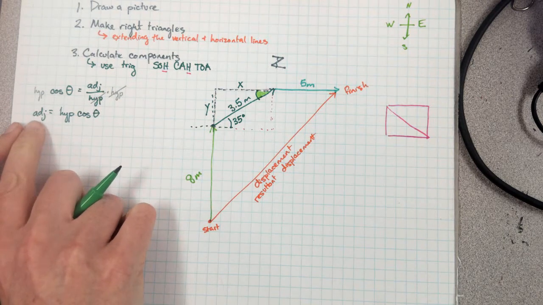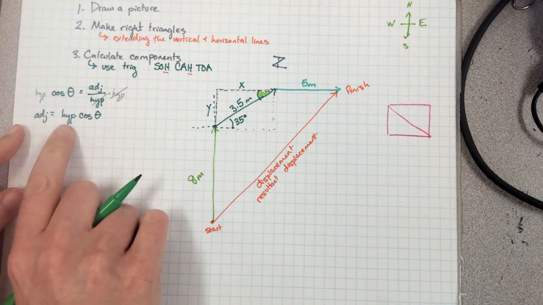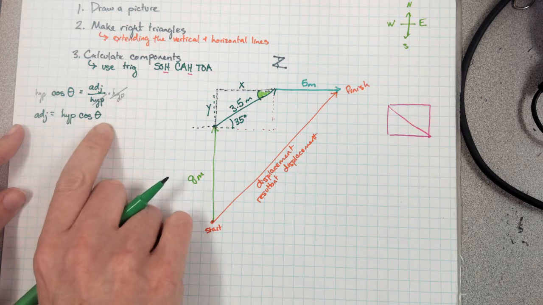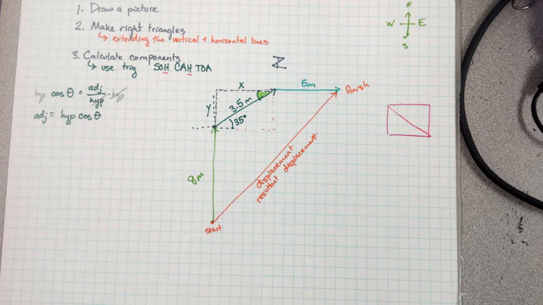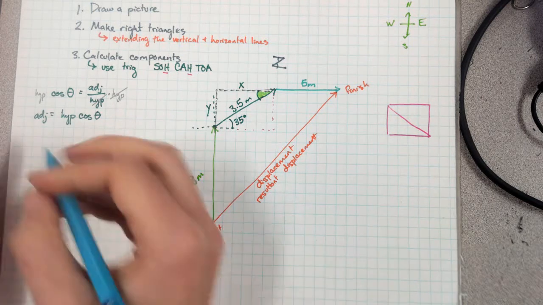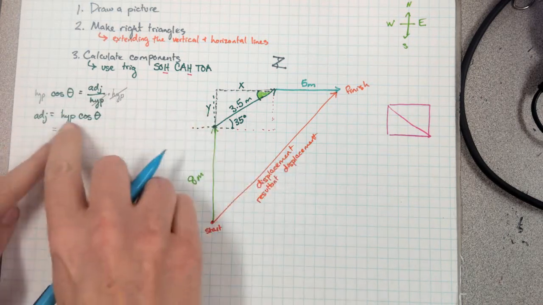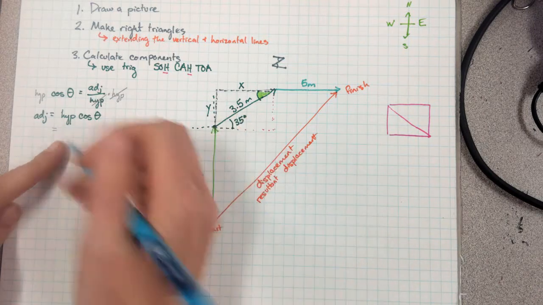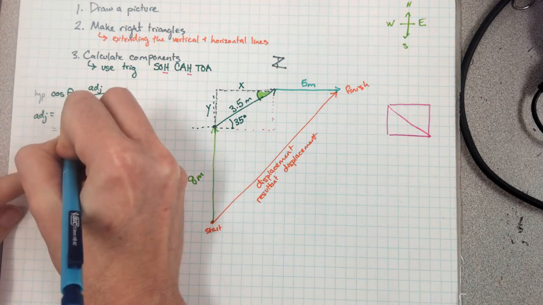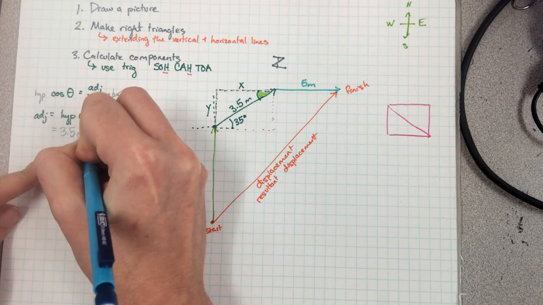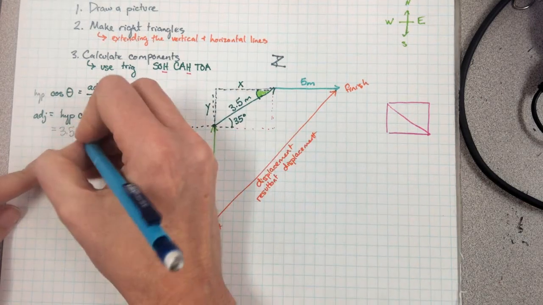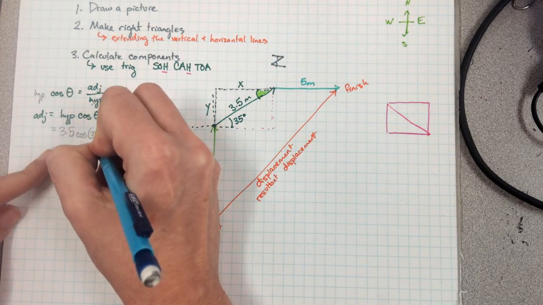The adjacent side equals the hypotenuse times cosine of our angle. So in this format, we know the hypotenuse is 3.5 cosine, and our angle is 35 degrees.